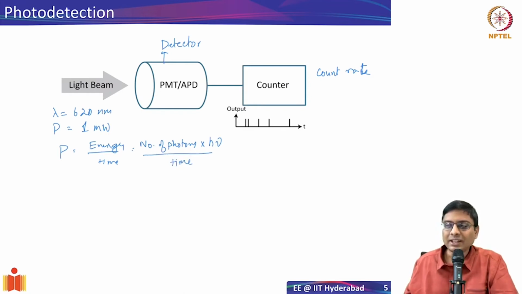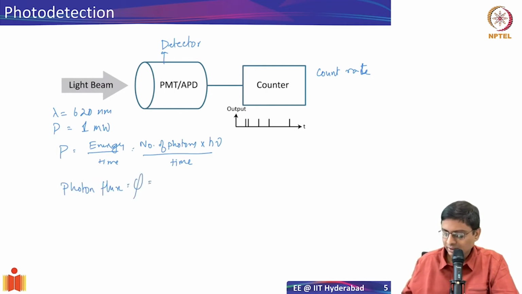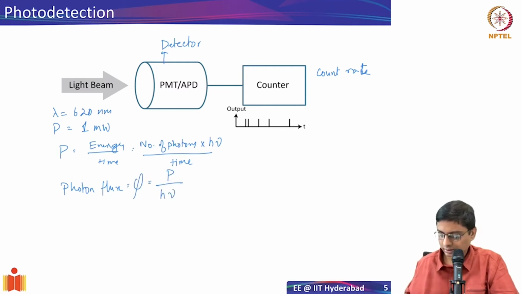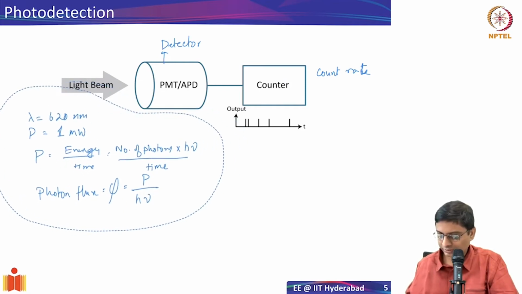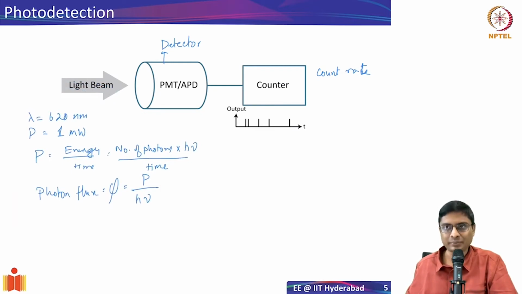With that we can define a quantity which we call photon flux, and I'll represent it by phi, and that is simply power divided by h nu. What will be the units of my photon flux? It's the number of photons per unit time, per second.